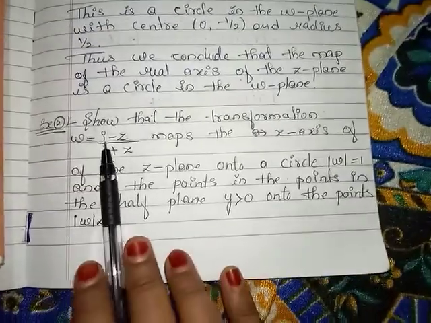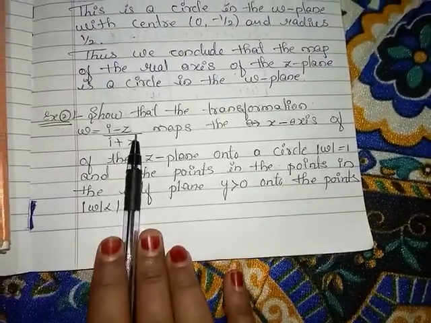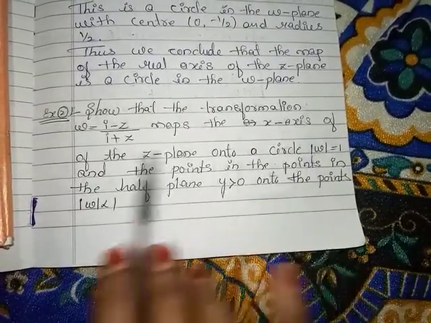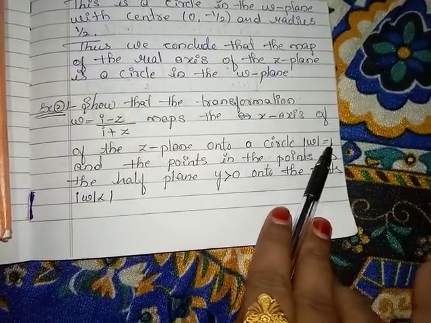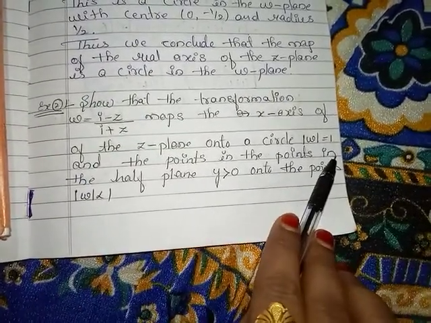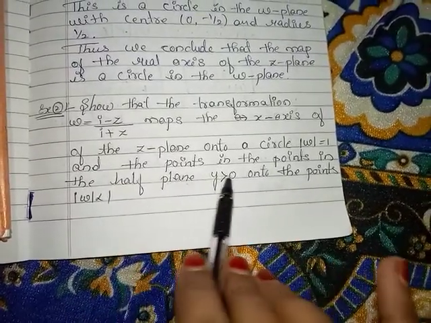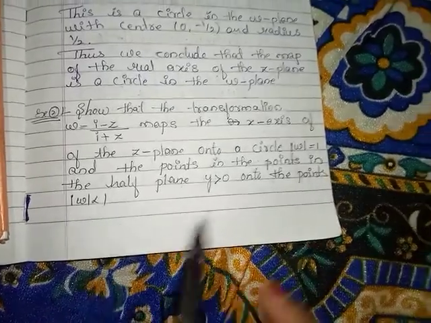Next example, show that the transformation w is equal to (i - z) divided by (i + z) maps the x-axis of the z plane into a circle mod w is equal to 1, and the points of the half plane y is greater than 0 onto the points mod w is less than 1.